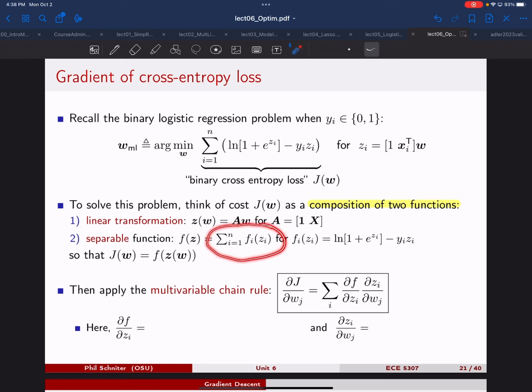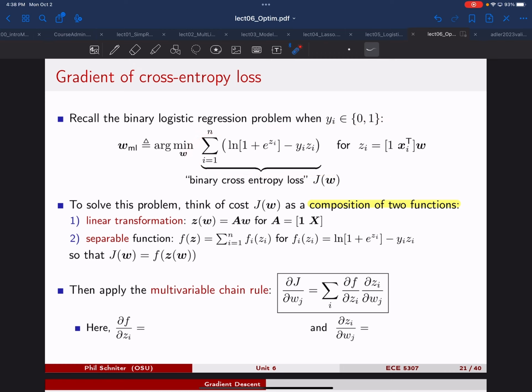It's just a sum of functions operating individually on the z terms. So these are two types of structure that show up a lot in many different problems. And we can leverage both of these structures because when you look at them on their own, they're actually pretty easy to deal with. When you put them together, that's when things get messy.